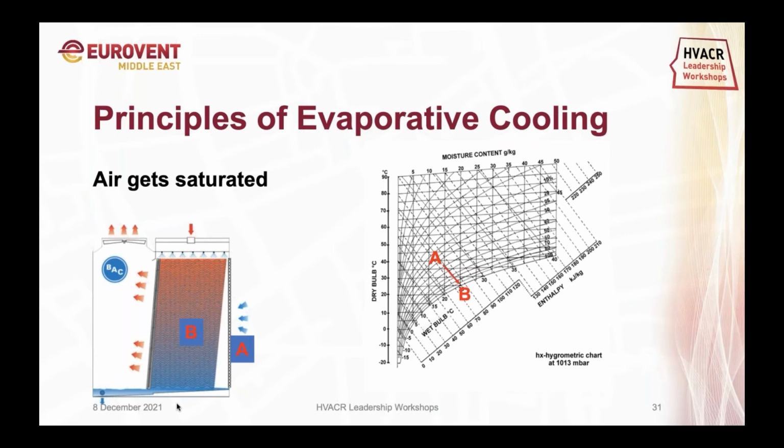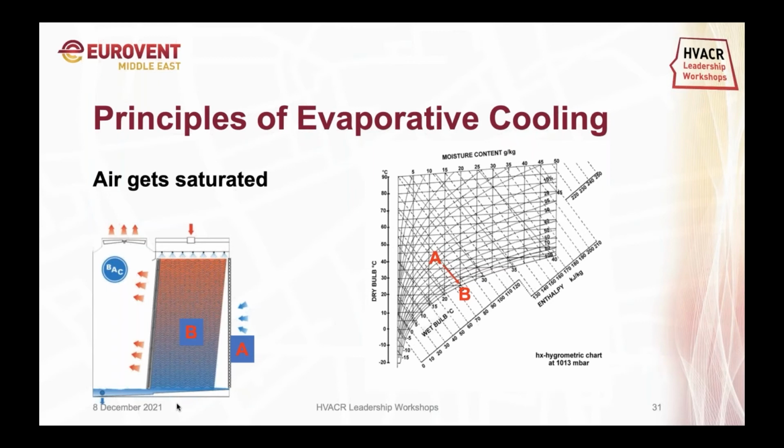So we can plot this point A on a hygrometric chart, and when the air enters the cooling tower, water vapors are added to it, and the air becomes saturated and touches the 100% saturation line. This is shown here as a line from A to B.